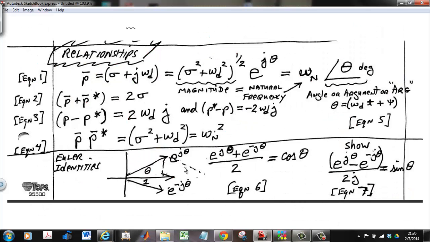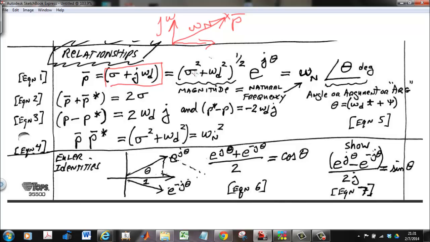Now there are some important fundamental relationships using the poles and zeros. So if I have a pole, this is the j omega axis, and here's sigma, real, and if I have a pole P out here, as shown, then the magnitude of the real part plus the imaginary part is simply the square root of sigma squared plus omega d squared, and we already said that we were going to call that omega n.